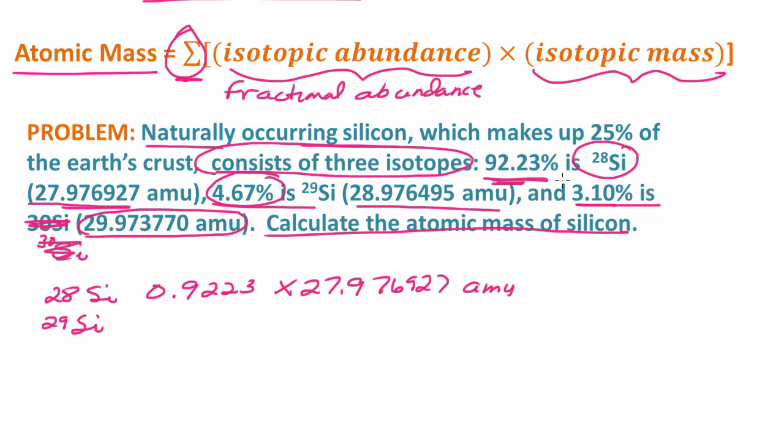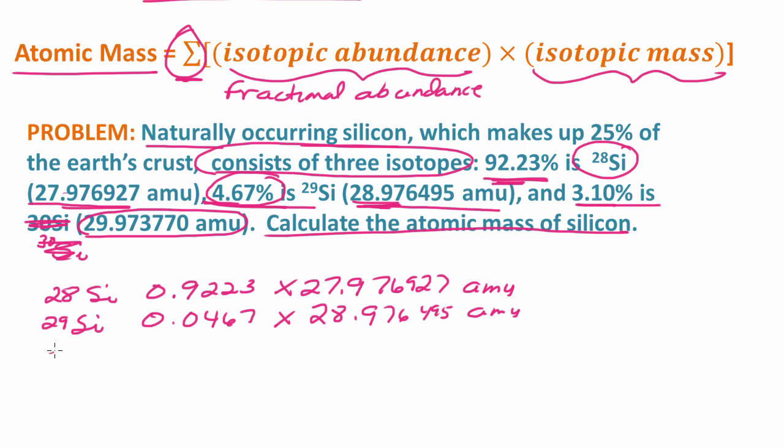And then let's do silicon-29. Silicon-29 has a percent abundance of 4.67%. So the fractional abundance would be 0.0467. We'll multiply that by the isotopic mass. That's 28.976495 atomic mass units.